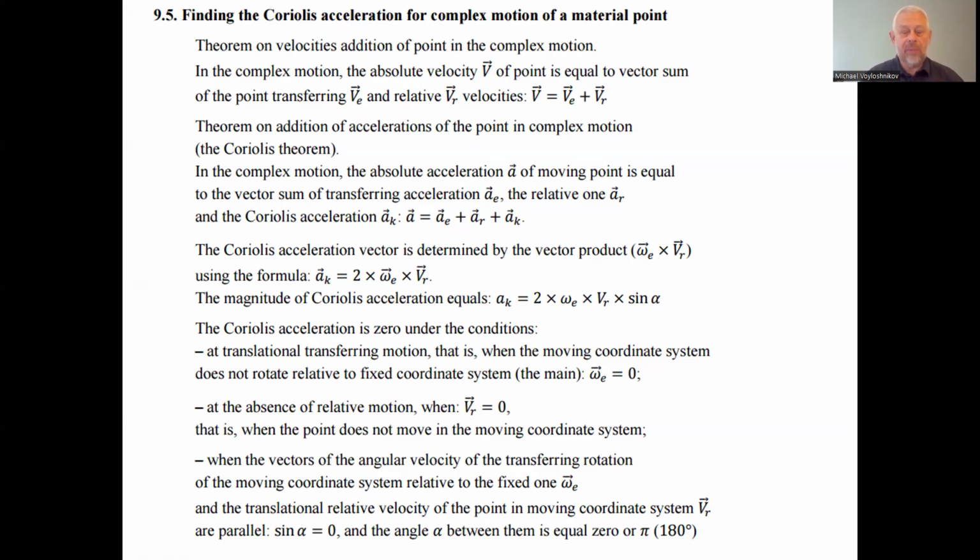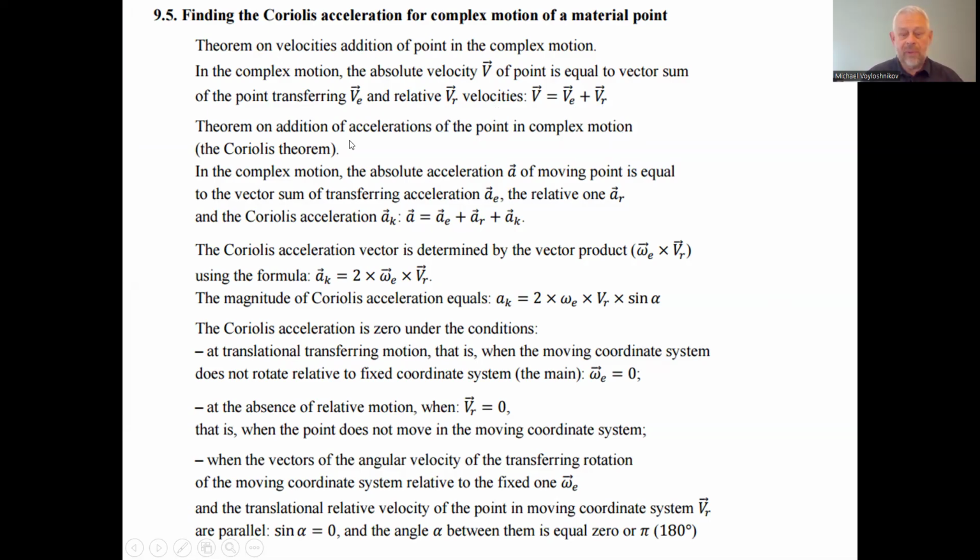In the complex motion, the absolute velocity of the point is equal to the vector sum of the point's transfer and relative velocities. The relative velocity is the velocity of the point in the moving coordinate system, and the transfer velocity is the velocity of the motion of the transfer coordinate system relative to the fixed one. This is the theorem of velocities addition.